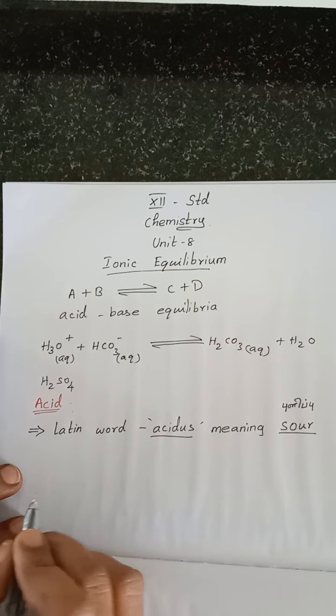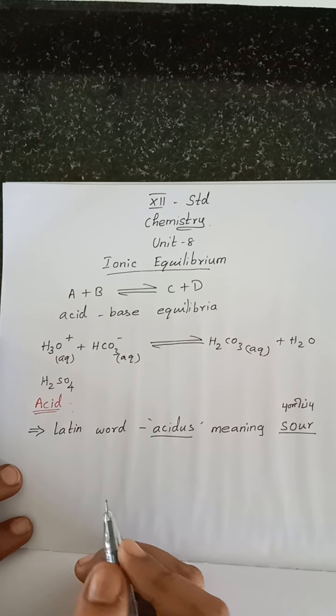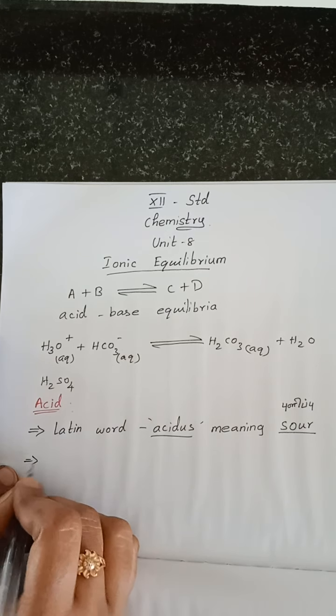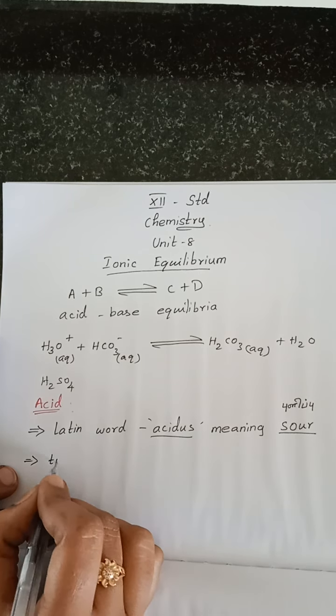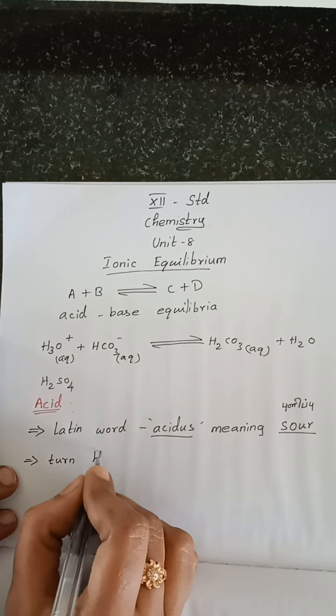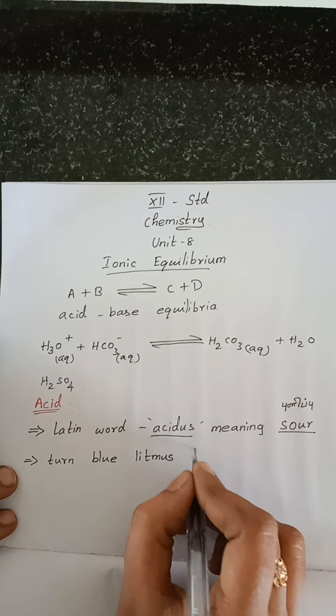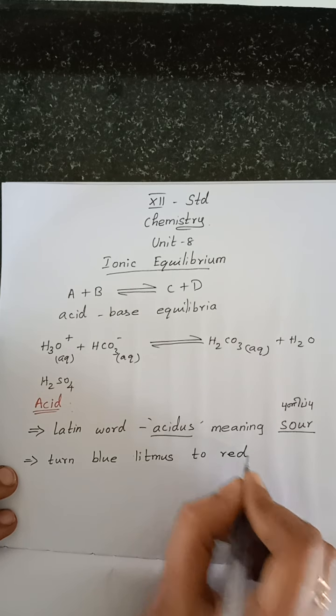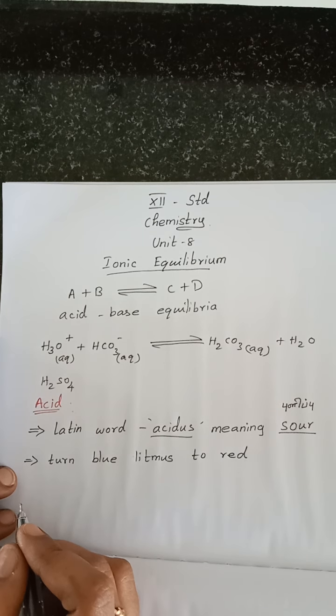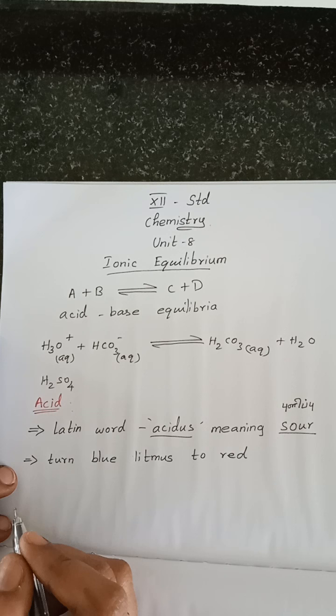Then, acid turns blue litmus to red litmus paper. Then the third point: acid reacts with metal.